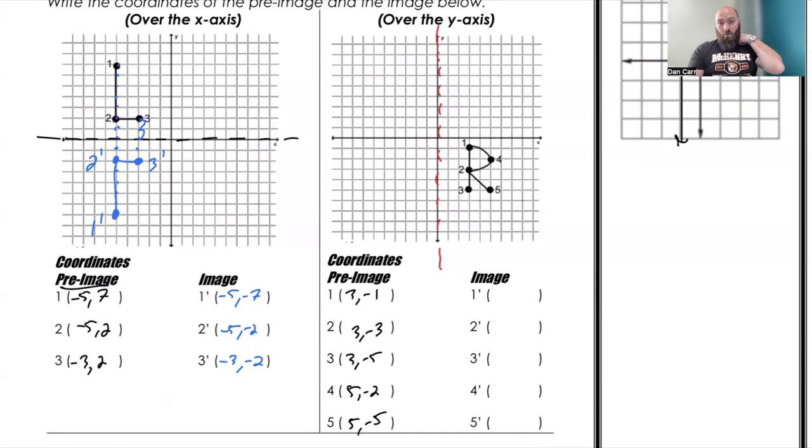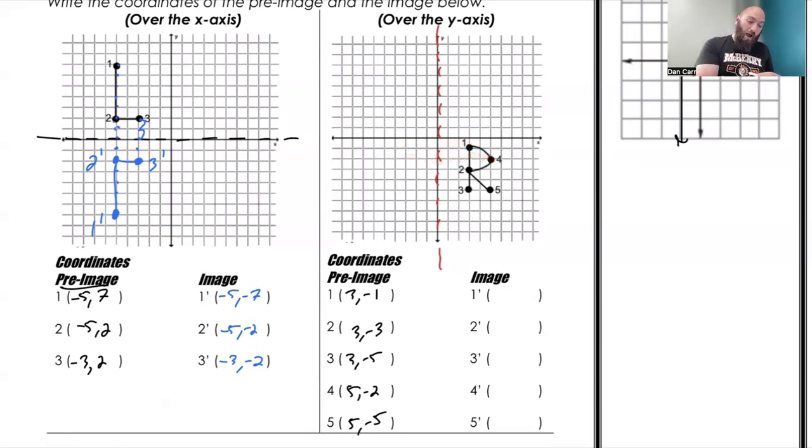Okay, so those are my 1, 2, 3, 4, 5 points. So now when I reflect it over here, again, if we're going to look at the distance, I got 1, 2, 3 spaces away. So I got to go 1, 2, 3 spaces again. Okay, point 4 goes 1, 2, 3, 4, 5 spaces away. So we can go 1, 2, 3, 4, 5 spaces away.